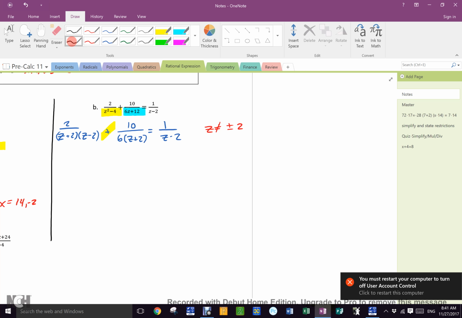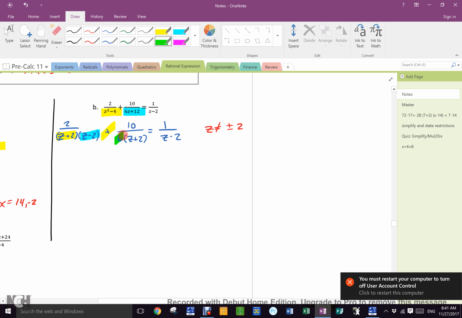I could call your attention back to the previous question, because that's how math works. What should we find when I am trying to add two rational expressions? A common denominator, indeed. And what is it? What are all the elements of a common denominator? I must have z plus 2, I must have z minus 2, and I must have a 6, yes?